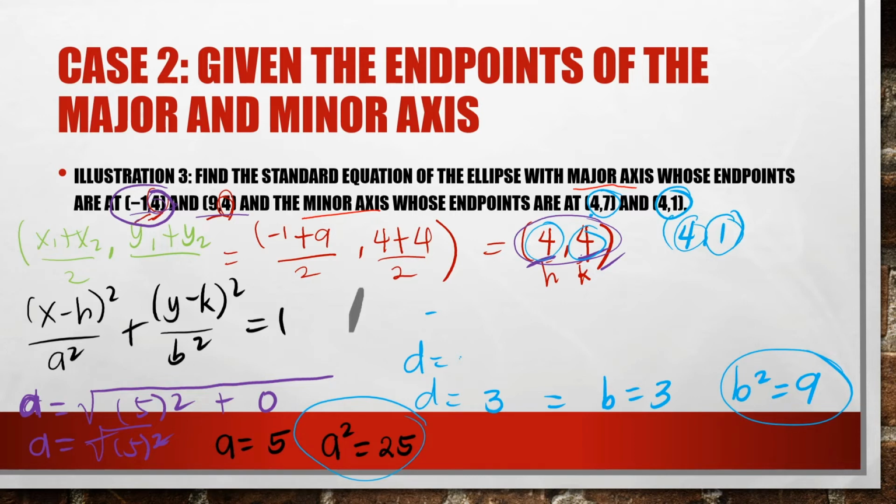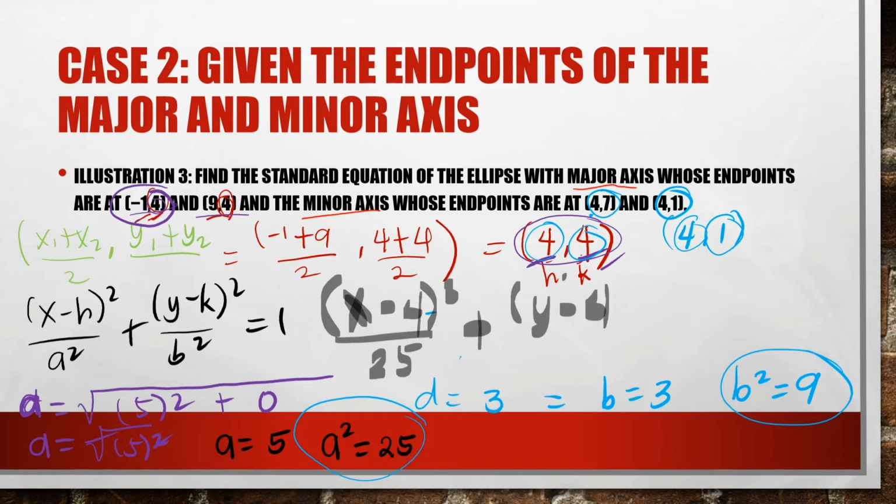So, magiging (x minus, yung h niya is 4) squared over a squared, so 25, plus (y minus k, k is 4 din) squared over b squared, which is 9, is equal to 1. Ano yung final answer natin.